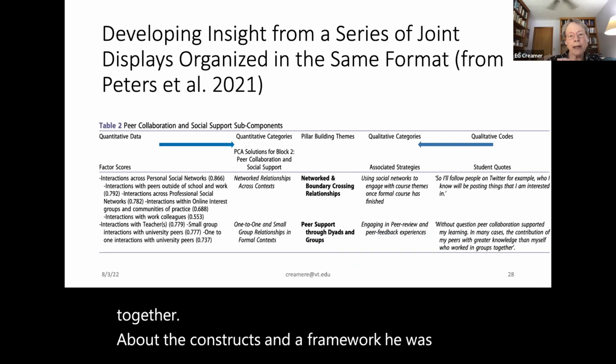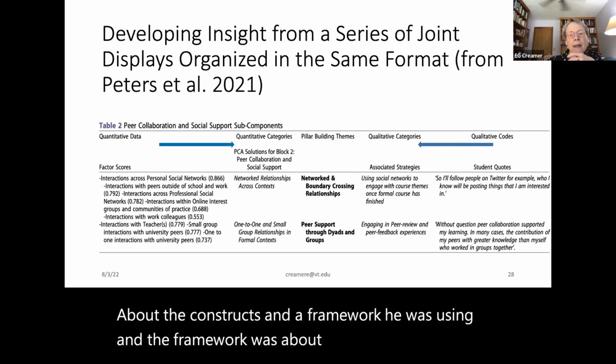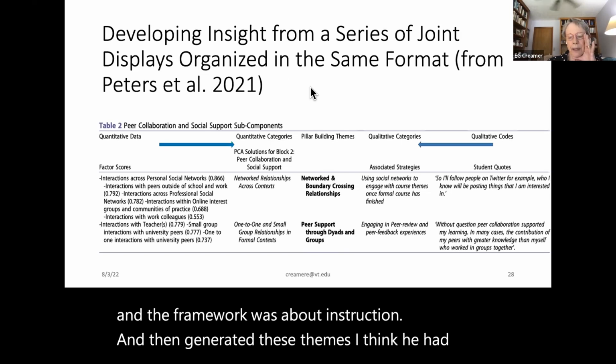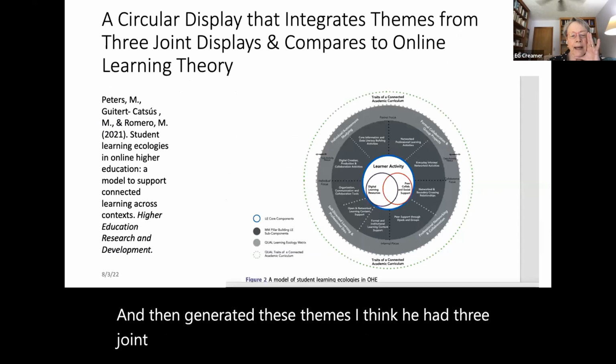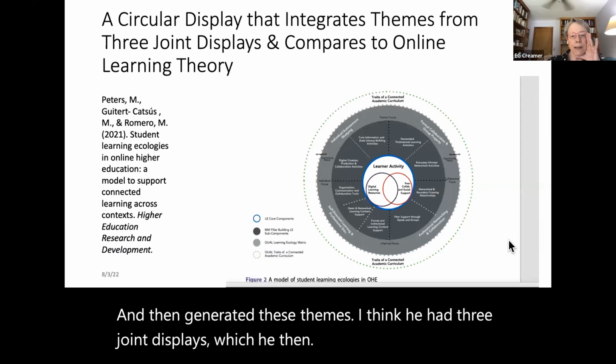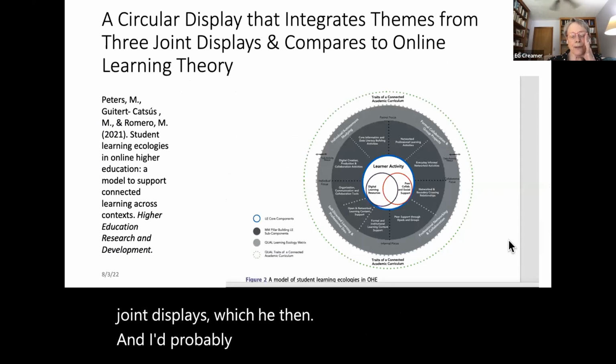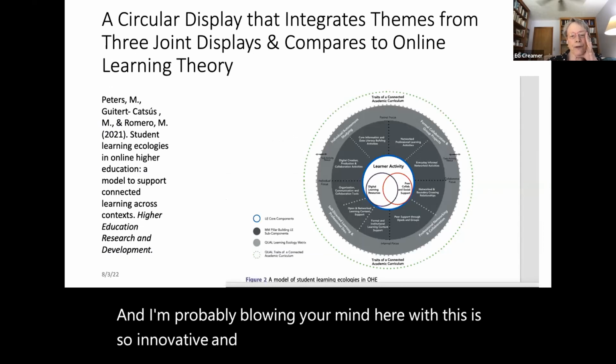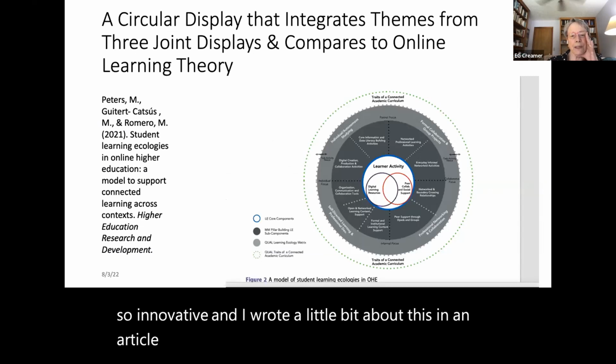And the framework was about instruction. And then he generated these themes. I think he had 3 joint displays, which he then, I know I'm probably blowing your mind here, but this is so innovative. And I wrote a little bit about this in an article that's in the reference list.